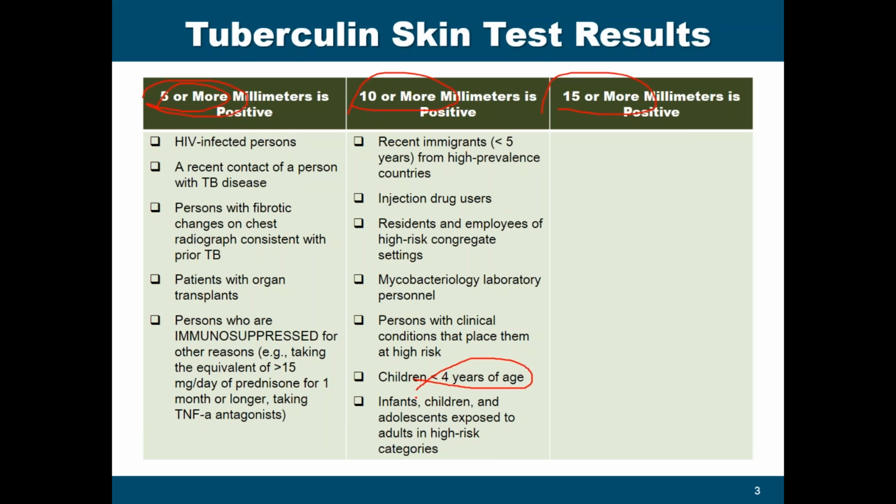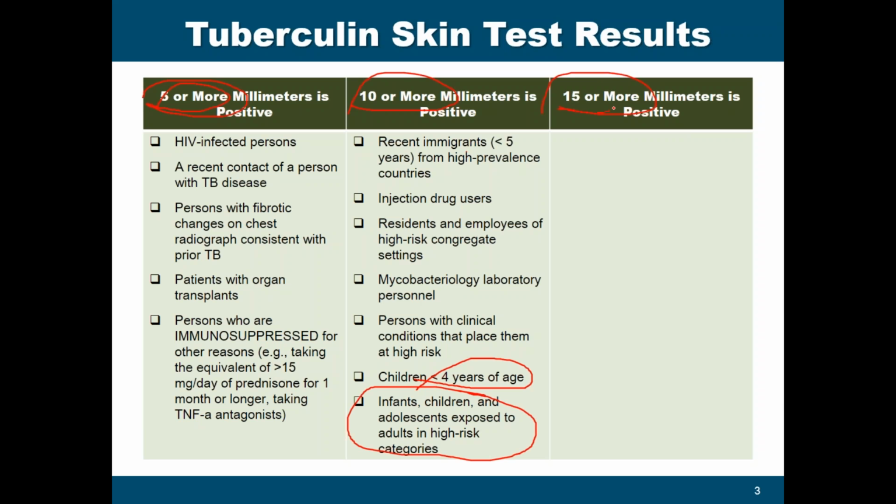So when you're looking at an NCLEX question, if the child is around 2 years old, then you're using the 10 or more millimeters parameter. And lastly, the group will be infants, children, and adolescents exposed to adults in high-risk categories.